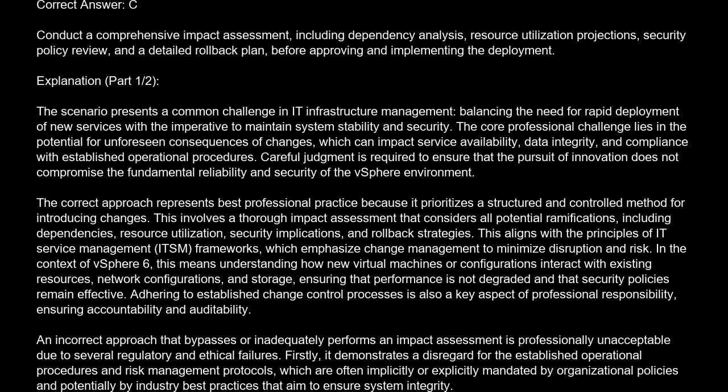An incorrect approach that bypasses or inadequately performs an impact assessment is professionally unacceptable due to several regulatory and ethical failures. Firstly, it demonstrates a disregard for the established operational procedures and risk management protocols, which are often implicitly or explicitly mandated by organizational policies and potentially by industry best practices that aim to ensure system integrity.